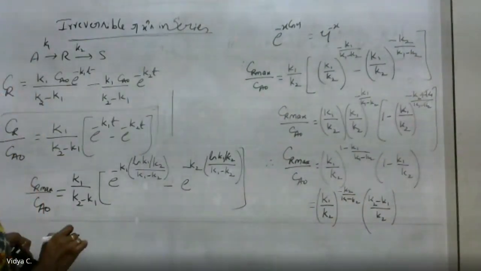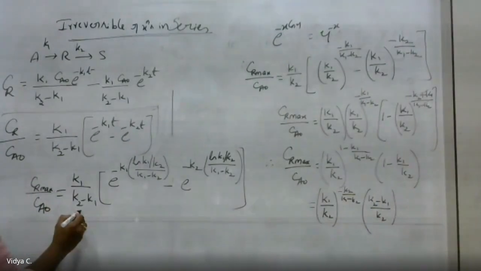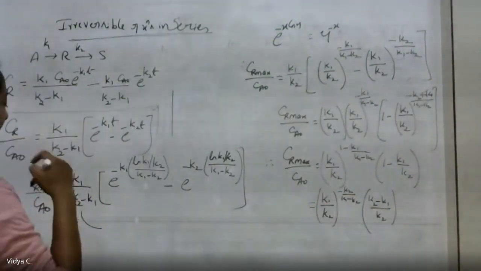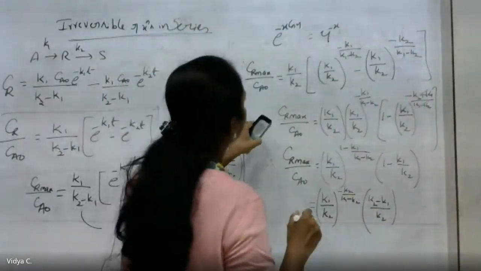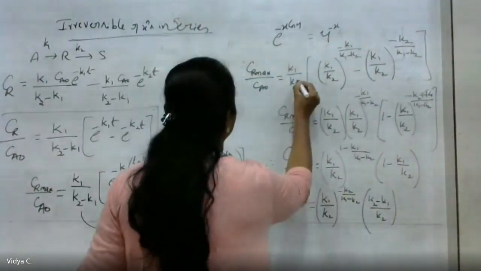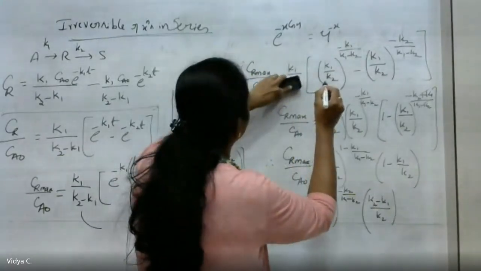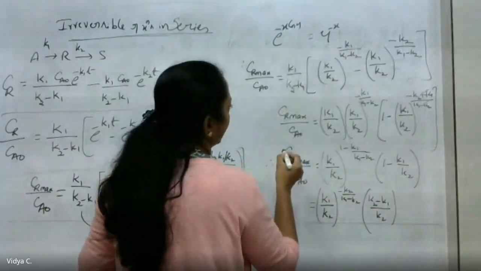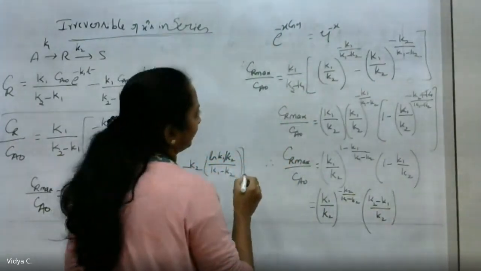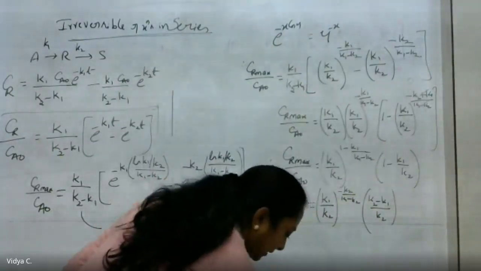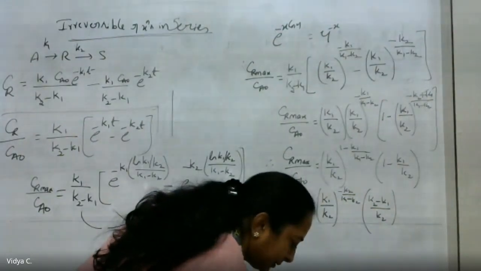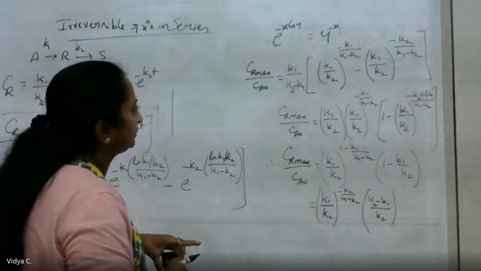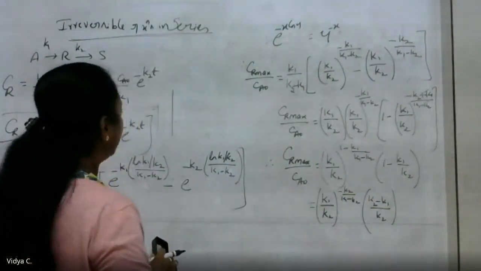Okay. So with all that, I had just left this term. I had left to carry this term only there when I did. Okay. So I should have carried that, right? It's not just K1 by K2. It is K1 by K2 minus K1, K2 minus K1. Did I miss that? One second.